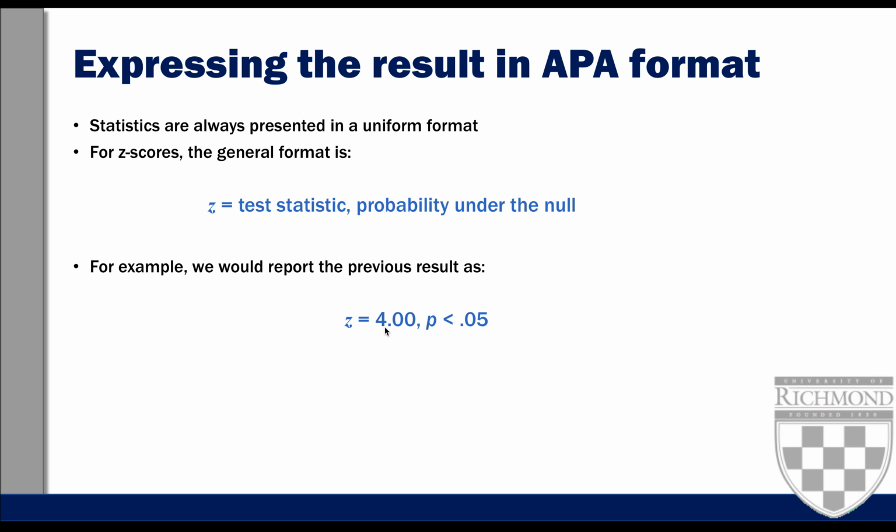So, because our sample mean fell well within the region of rejection, which is defined in size as 5% of the area under the curve, what that means is that the p-value, the probability that we would observe a z-score of 4.0 because of sampling error, right?